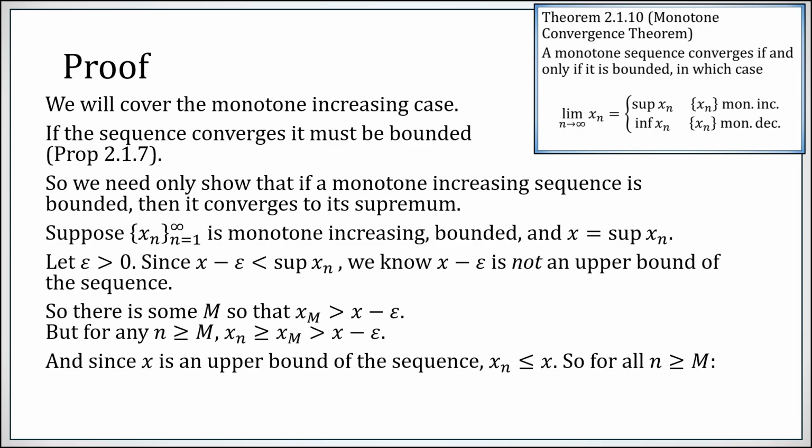It is an upper bound, so every term of the sequence is less than or equal to x. So putting these two things together, as long as we are past this cutoff point of M, every remaining term of the sequence is between x and x minus epsilon, meaning its distance to x is less than epsilon. So if the sequence is monotone increasing and bounded, it must be converging to its supremum.